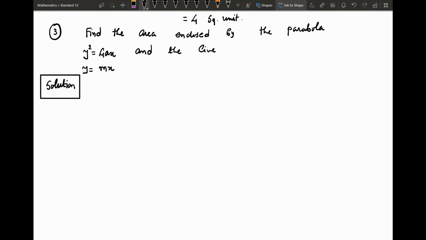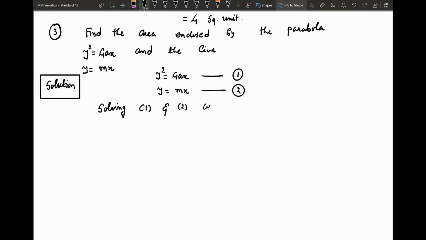Now y square equal to 4ax, say equation number 1, and y equal to mx, say equation number 2. So solving 1 and 2, we get the coordinates of the points of intersection.